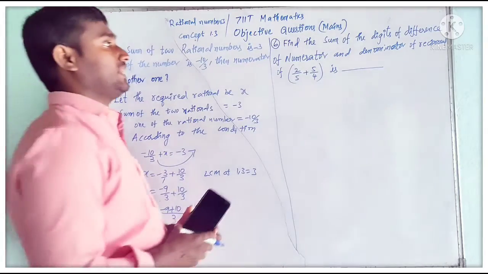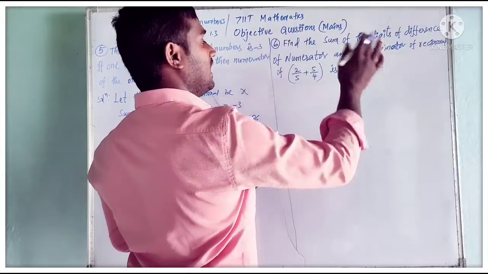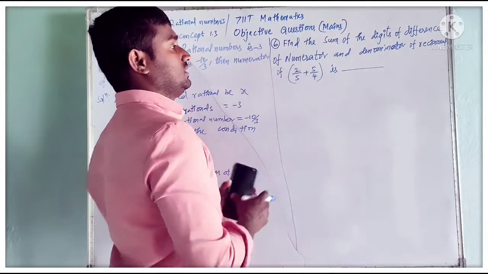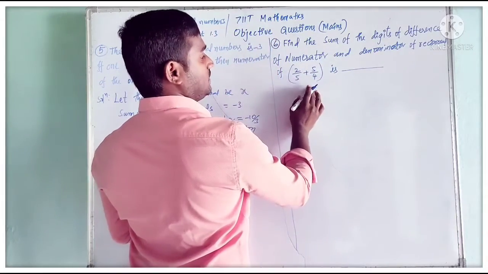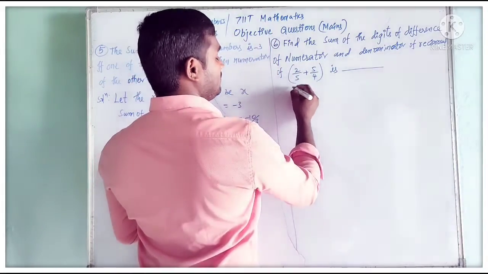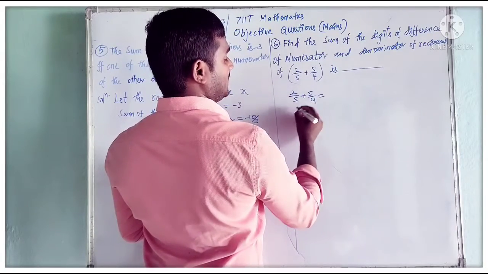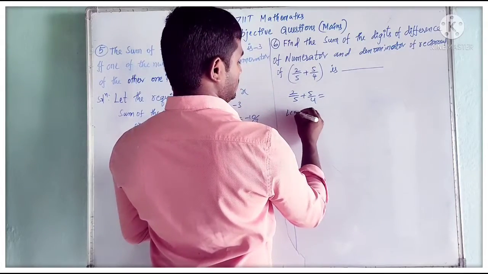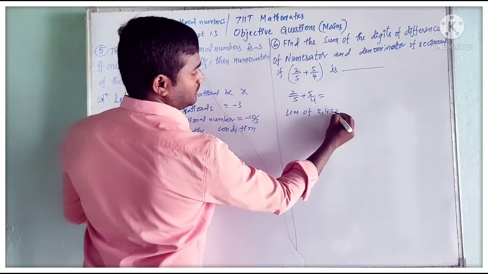Next. Find the sum of the digits of the difference of numerator and denominator of the reciprocal of 2 by 5 plus 5 by 4. So first, what is the value of 2 by 5 plus 5 by 4 we need to find. LCM of 5, 4 equal to 20.